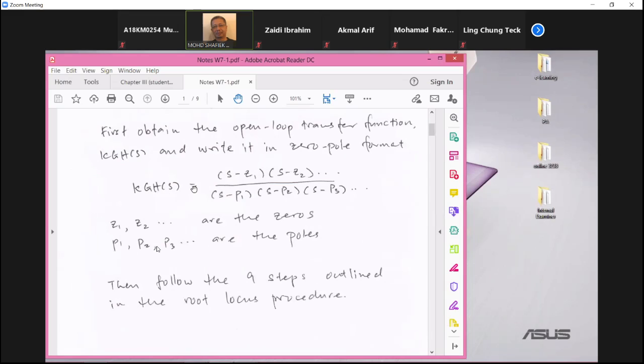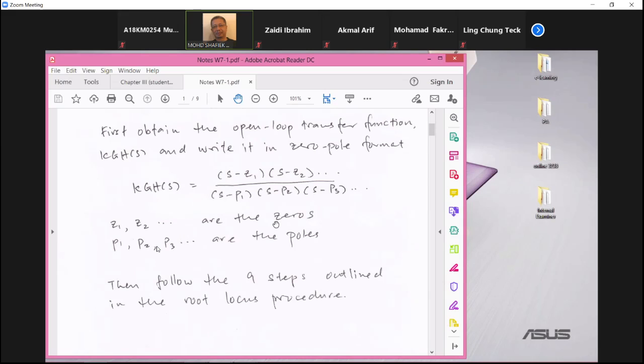All right, so there's another terminology that we need to clarify here. See, the open loop transfer function kgh can be written in the form of factors. The numerator can be factored out and the denominator can be factored out. So this is known as the zero pole format. When you write the open loop transfer function in this format, what are the zeros? What are the poles?